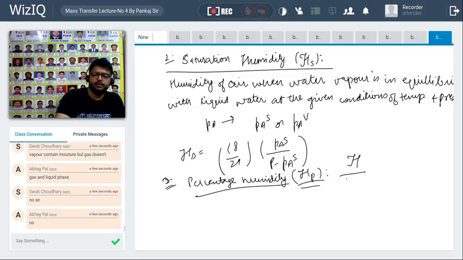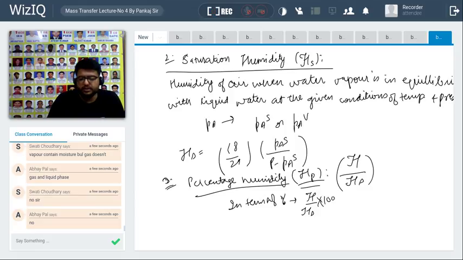The ratio of actual humidity to that of saturation humidity. Now when this is mentioned in this way, it is in the fraction or in terms of pressure percentage. In terms of percentage, it becomes what? H upon HS into 100.